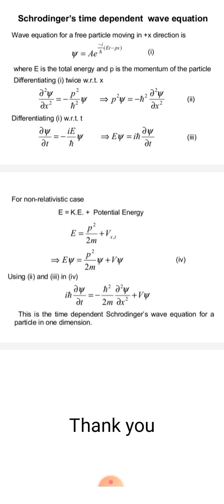E psi equals p squared divided by 2m psi plus V psi. Using equations 2 and 3 in 4, i h cross dou psi by dou t equals minus h cross squared divided by 2m dou squared psi by dou x squared plus V psi. This is the time dependent Schrodinger wave equation for a particle in one dimension.